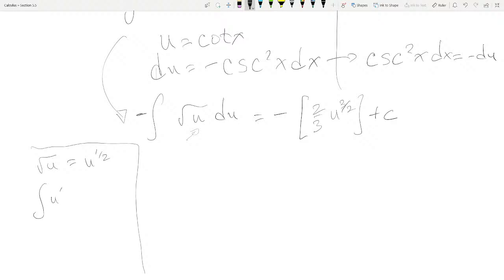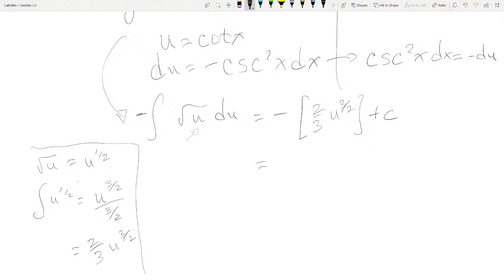So the integral of u to the 1/2 is u, and then you add 1 to the 1/2, that's 1/2 plus 2 over 2, so that's 3 over 2, and then you divide by that 3/2, but dividing by 3/2 is the same as multiplying by 2/3. That's why I suggest you just have that memorized, because you don't want to have to redo that every single time, especially in a test situation.